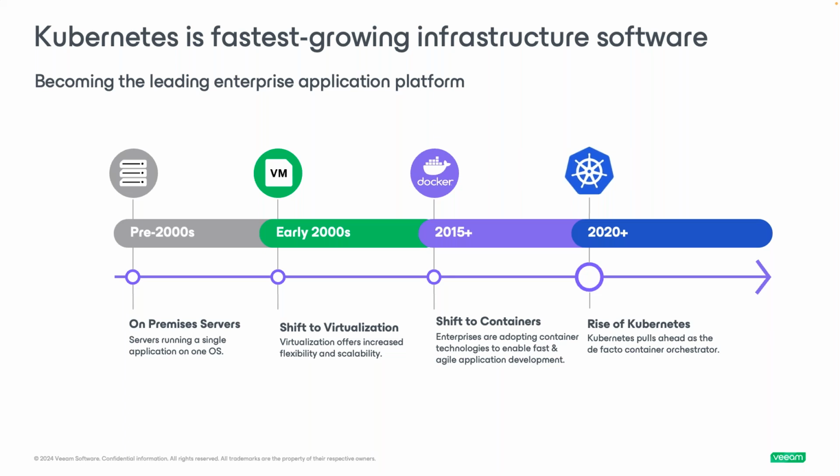The reason is that one of the benefits of Kubernetes is that it provides container orchestration, which does automation, scaling, and management of containerized applications. Kubernetes is also portable and consistent.